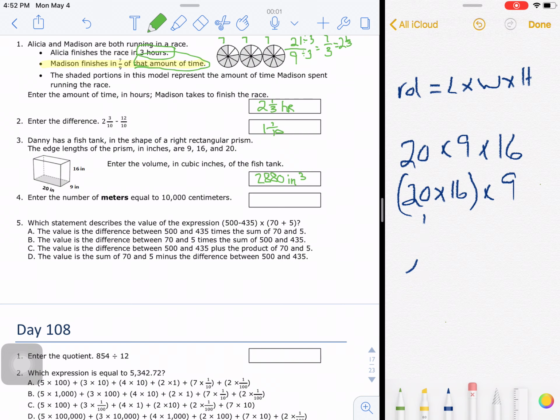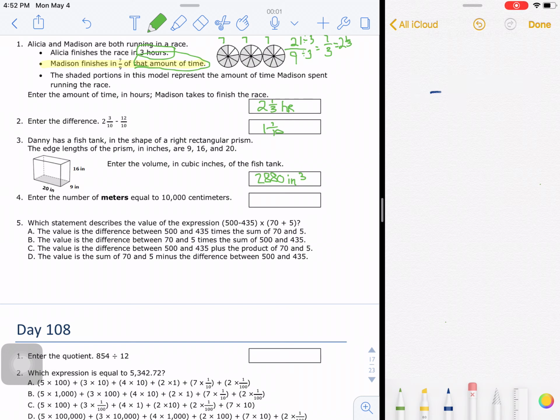Okay, problem number 4. We have a conversion problem. It says enter the number of meters equal to 10,000 centimeters. So with a conversion, we're going to write what we have, 10,000 centimeters, and it wants to know how many meters that is.